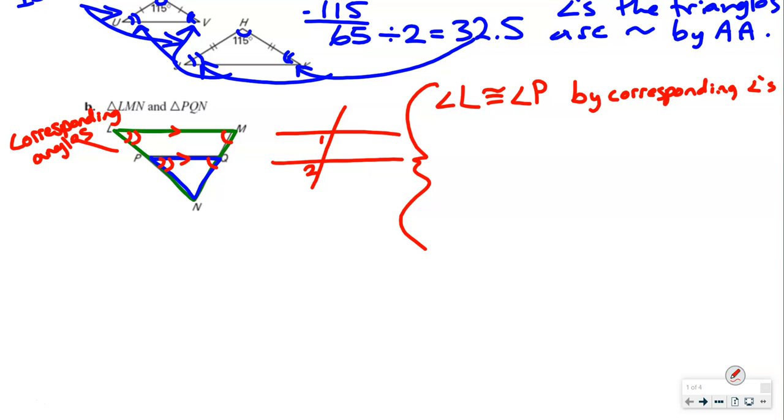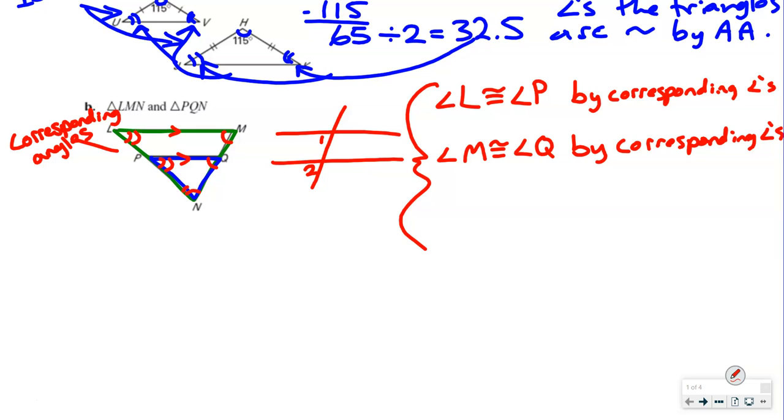We know M and Q are congruent by corresponding angles. Now we have two sets. That's all we need. But say you didn't recognize the corresponding angles first. Maybe you looked at the third set of angles, because we can show that they're congruent also.